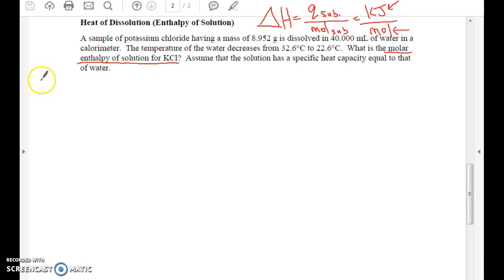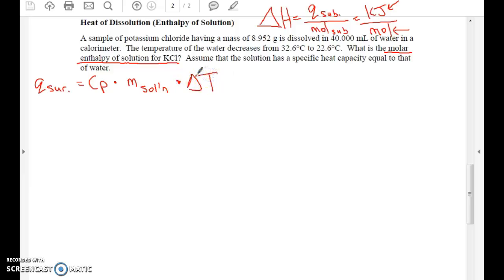So you can think about it as Q surroundings, which is really the values for the solution. Now what we get is the specific heat. In the problem it says assume the solution has a specific heat capacity equal to that of water. So we know what that is. We need the mass of that whole solution, and we need the delta T.